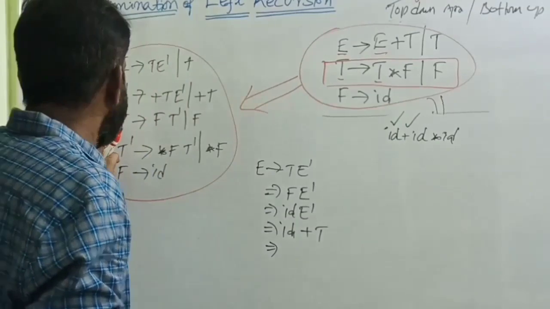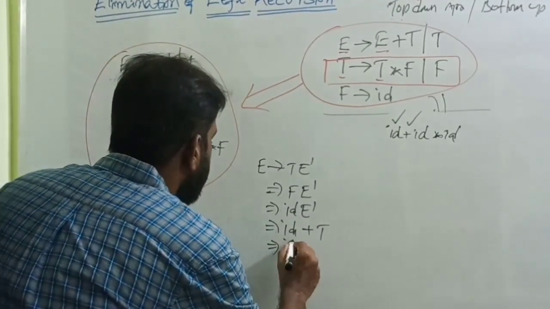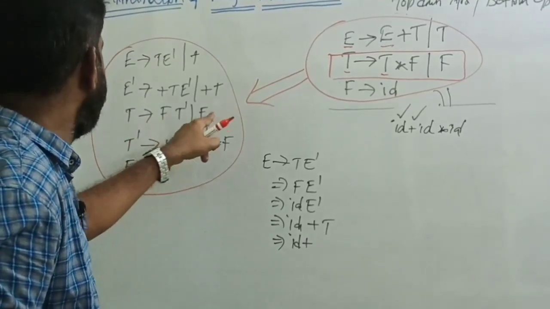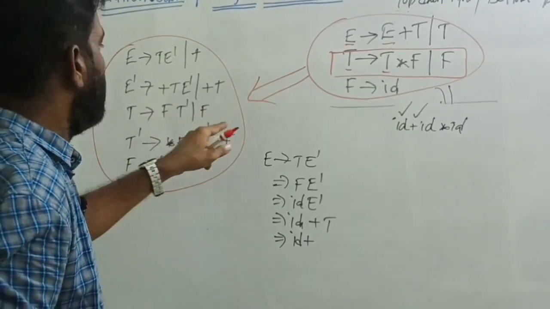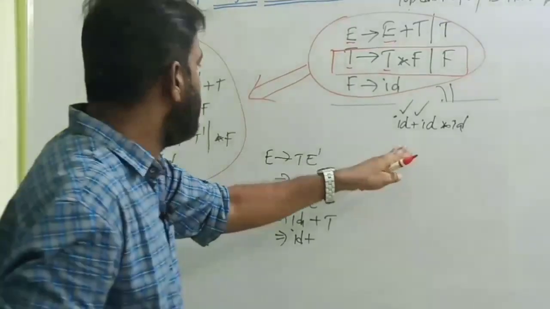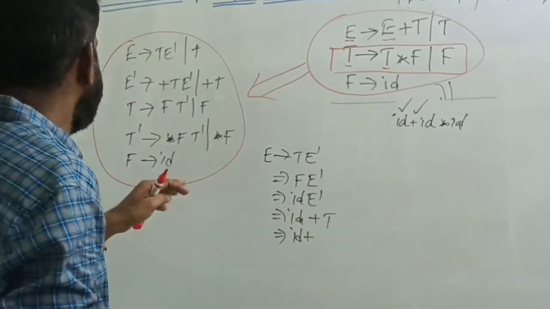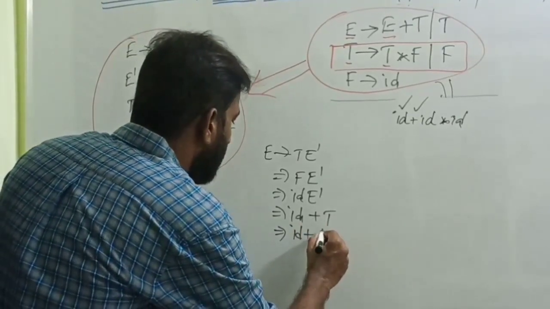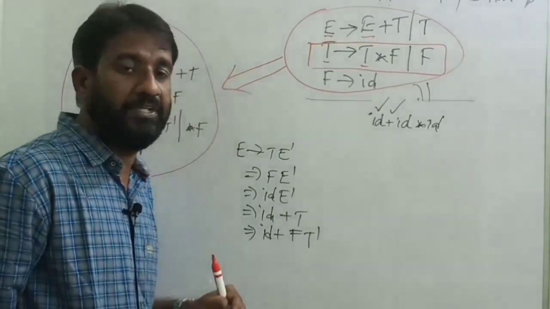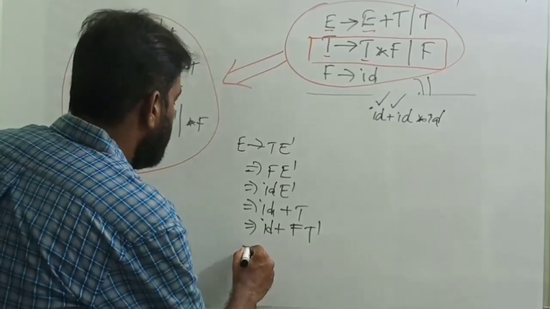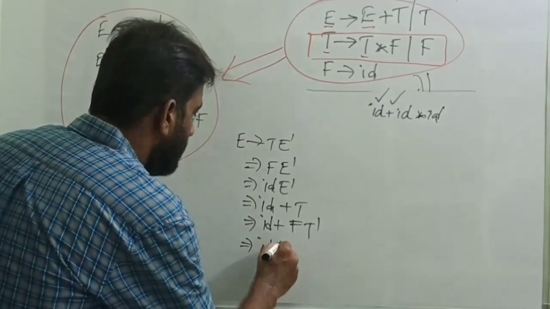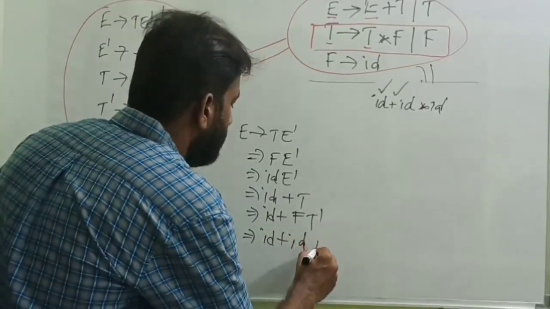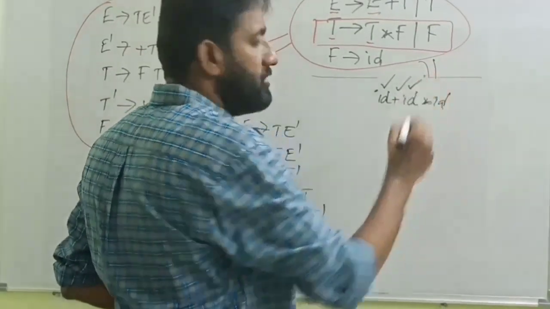Then T can be written as what we are expecting, id star id. Now T can be written as either F T dash or F also. So we are expecting id star id, so that's why T can be replaced with F T dash. Now F can be replaced with id, so id plus id is also derived.